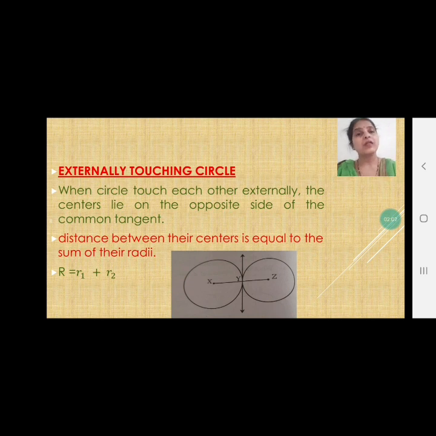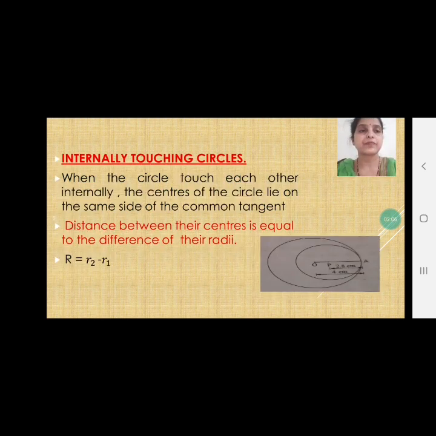Now, when the two circles touch internally, their centers are on the same side of the common point. What do you conclude? That they are on the same side.